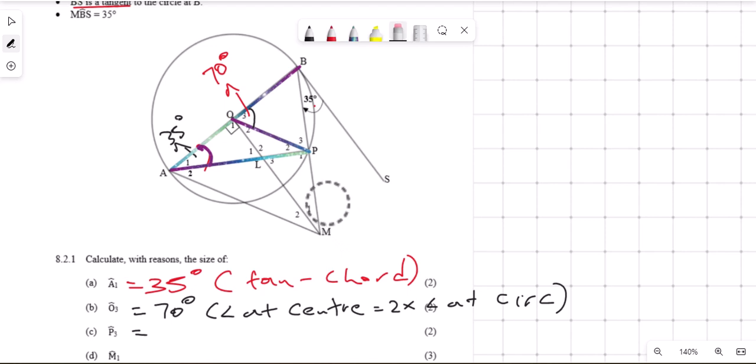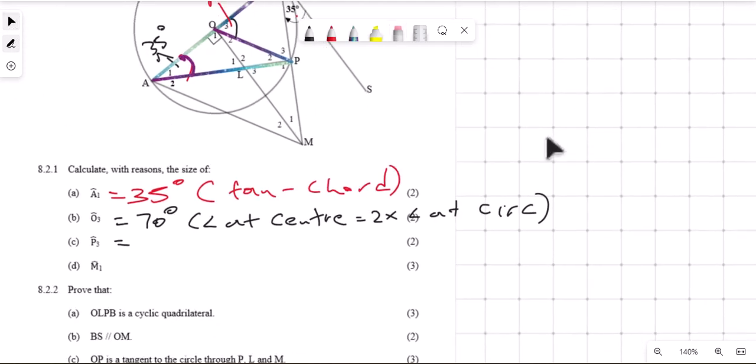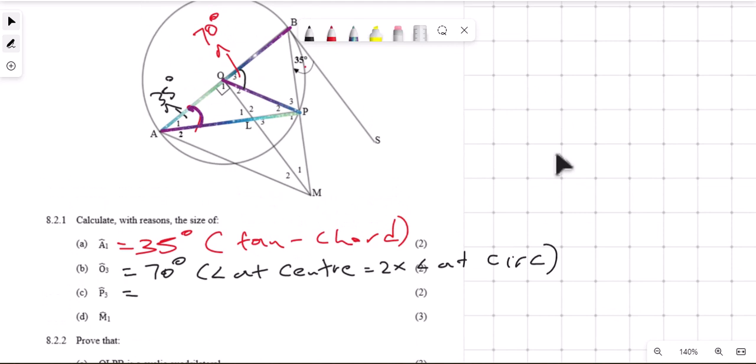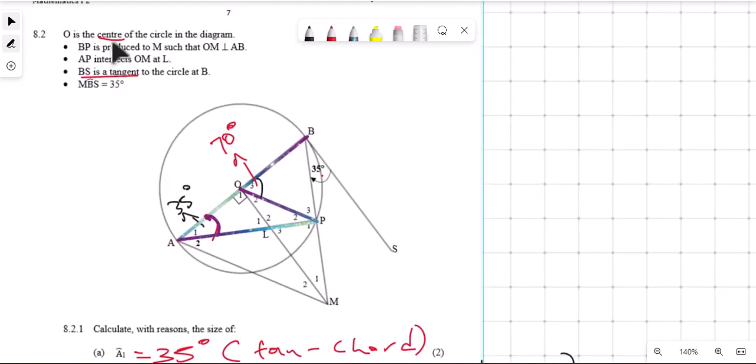Don't say yet. I'm still checking. We don't have parallel lines. Now, remember, what did we talk about? Center and tangent.